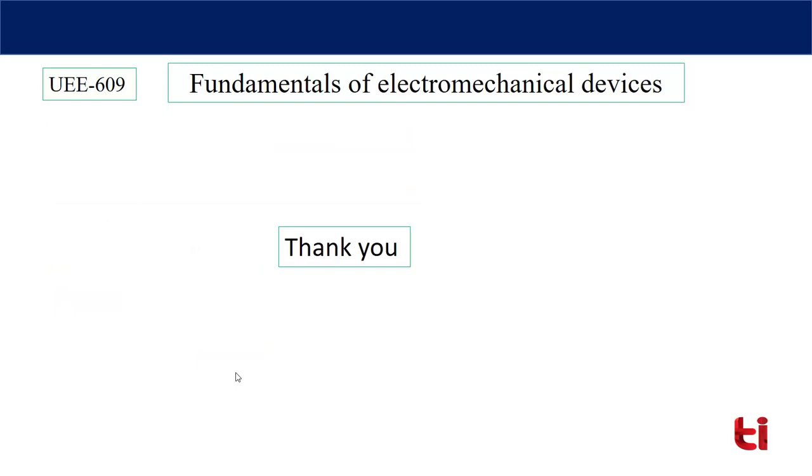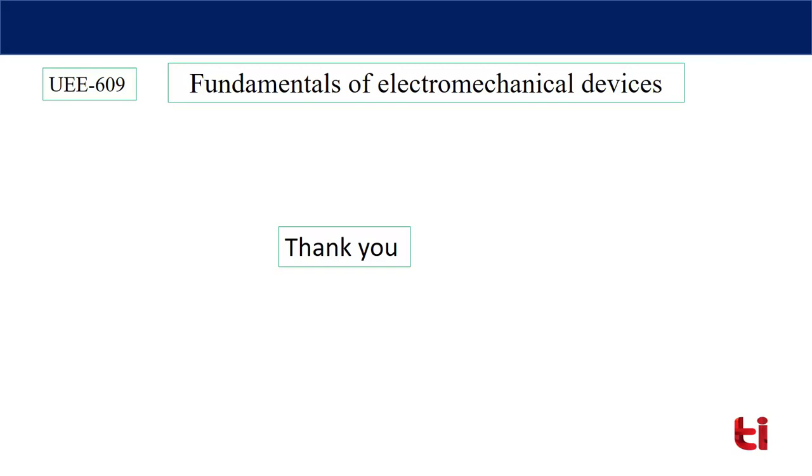Okay, so today in brief we have seen how EMF is induced in case of a DC machine as well as an induction machine. In case of a DC machine, rotational EMF is present, but in case of an induction machine, both rotational and transformer EMF are found.